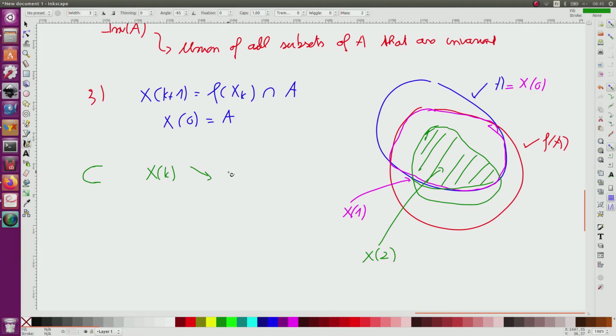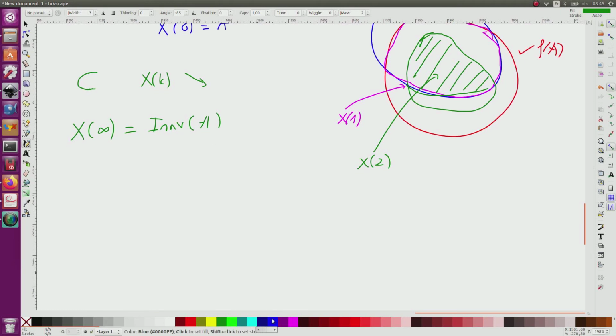As a consequence, we have x of infinity which exists, and now I have to show that this corresponds to the largest invariant set of A. For the first part of the proof, I will first show that the largest invariant set of A is included in the limit. I will do it by induction.